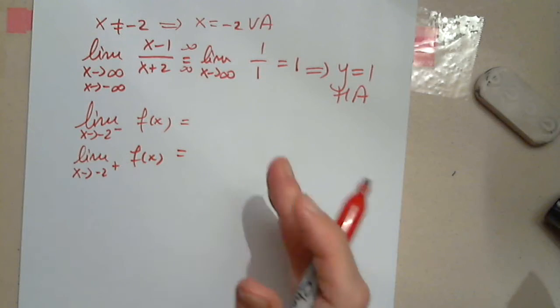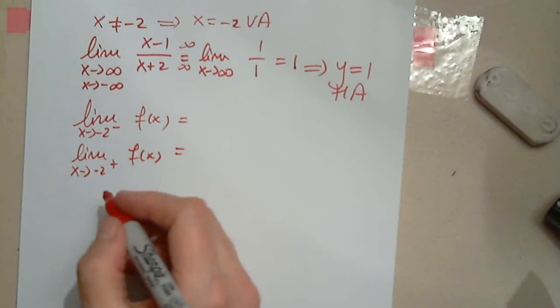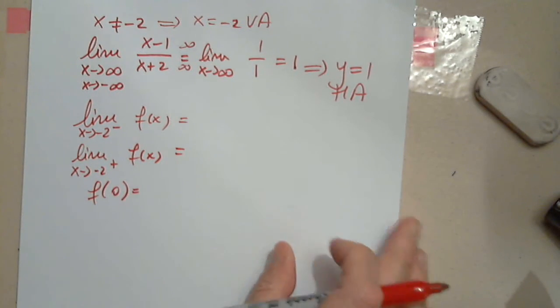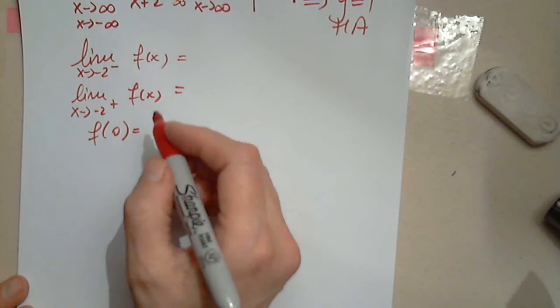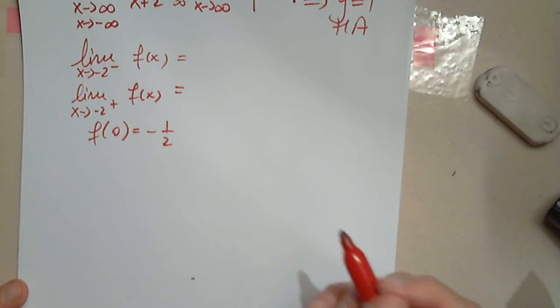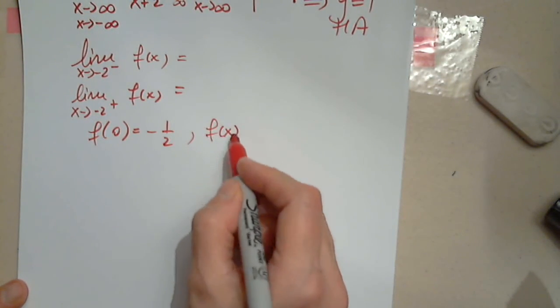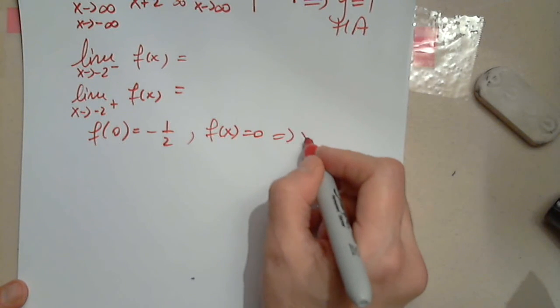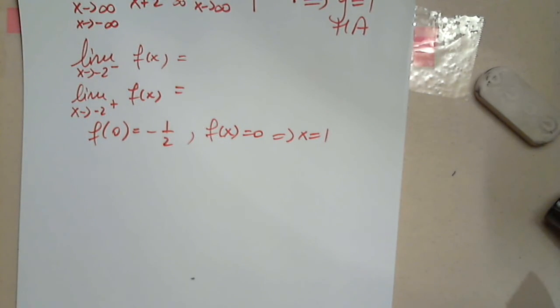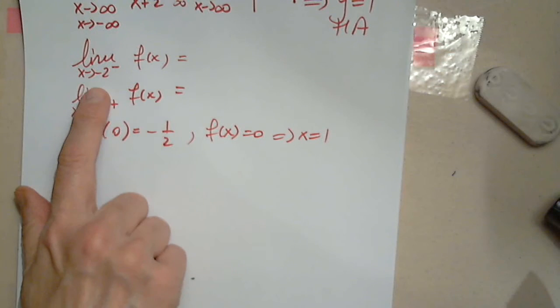These are the preliminaries right away. And I also have to find f of 0. That f of 0 will be negative 1/2, which is the y-intercept. And also f of x equals 0 will give us x equals 1. That's the x-intercept.